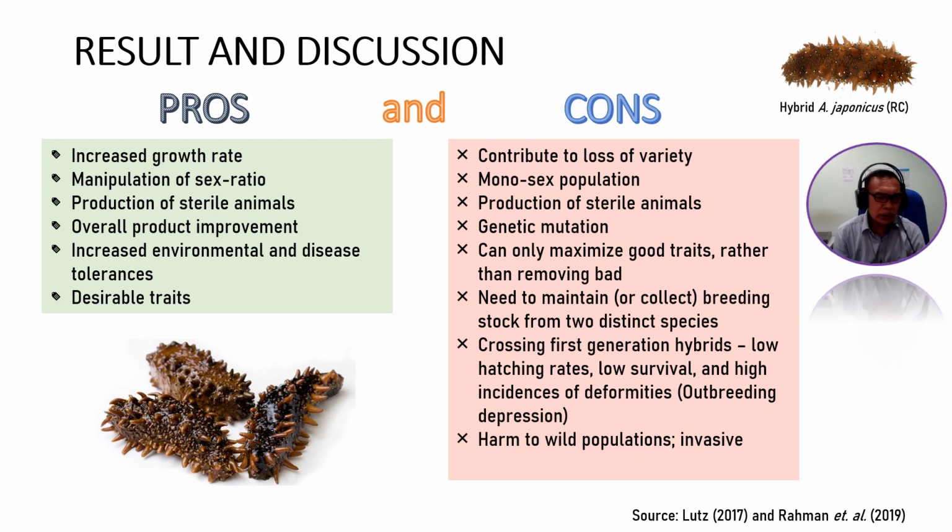For the cons, it may contribute to loss of biodiversity because it gives little room for evolutionary expansion further in the future. It also can only maximize good traits, rather than removing bad ones.